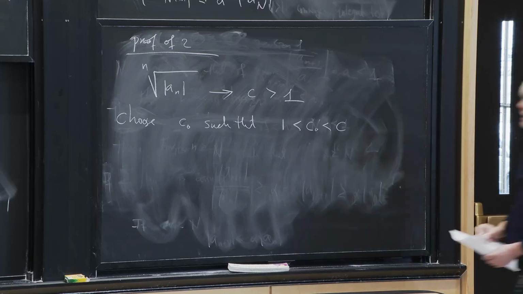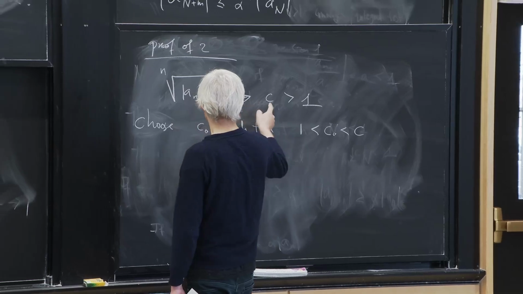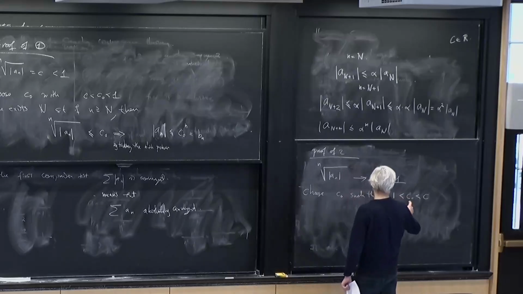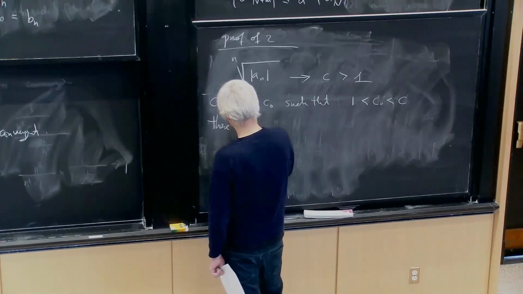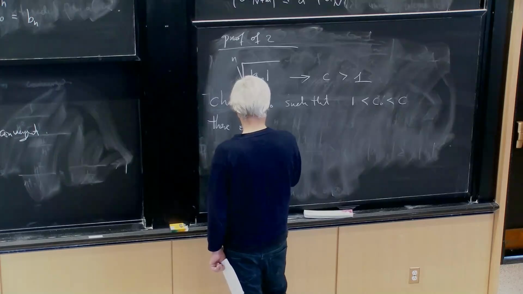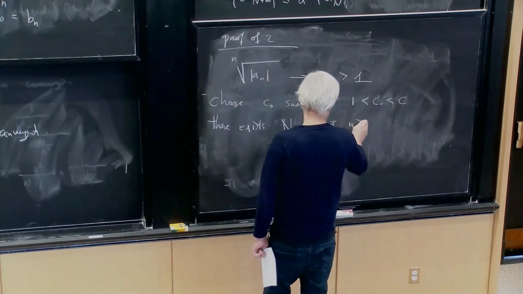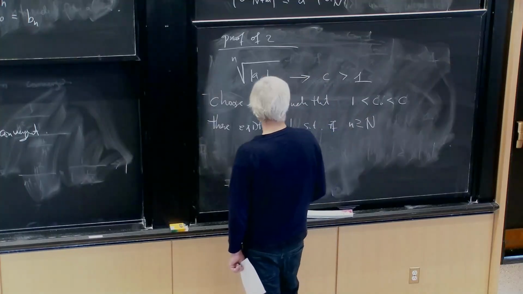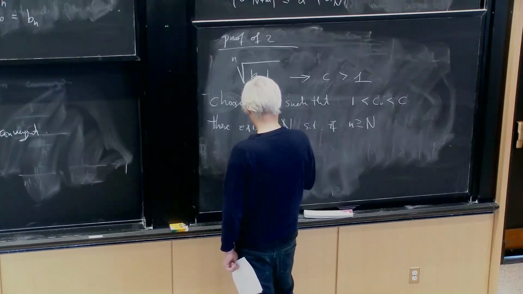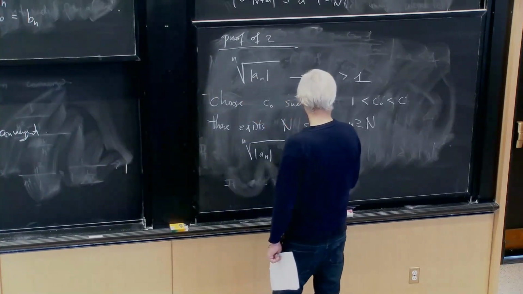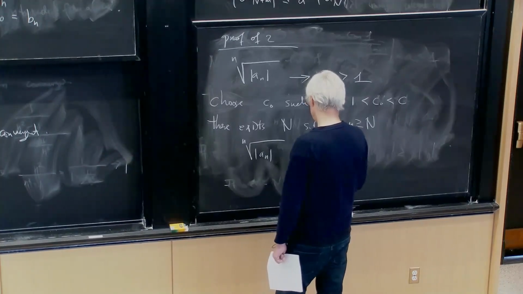So you choose this, and now, because this limit converges to c, so it converges to something that is strictly above c0, this means that there exists a capital N such that if little n is bigger than capital N, then the nth root here is bigger than c0.